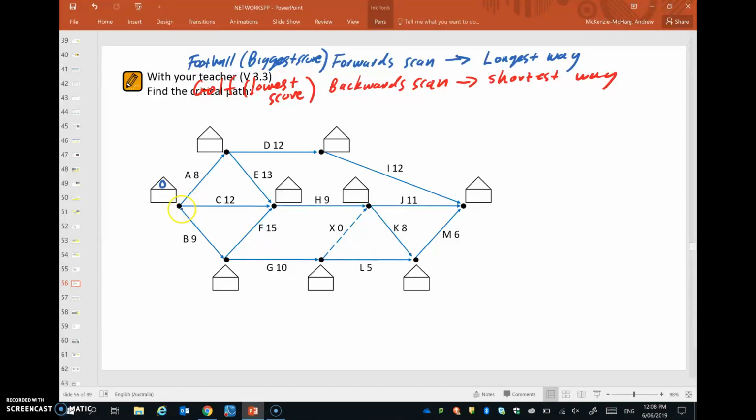So we're going to find the longest way to get to each vertex from here, and there's only one way to get to the next three vertices. And going along A, that's going to take 8. Along C to this vertex is 12. And in fact, there's actually two ways to get there. We could go via C, which would be 12.